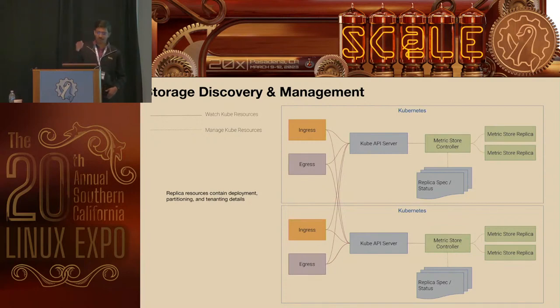So I can have tenant 1 that goes into cluster 1, tenant 2 and 3 that goes into cluster 2, so on and so forth. What's going to happen is that the ingest and the query pods first read the CRD and identify which cluster maps to which tenant.